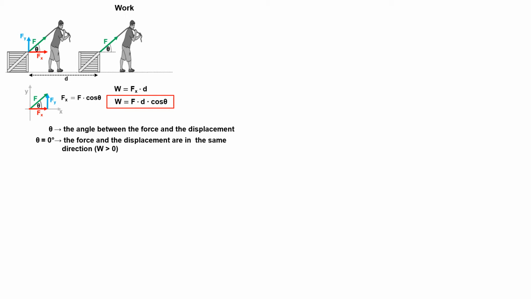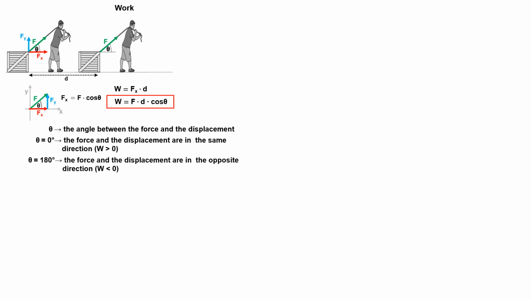If the angle between F and d is 180 degrees, the force and the displacement are in opposite directions. Then negative work is being done. This means that energy is transferred in the opposite direction, and the object on which the force is applied loses energy.